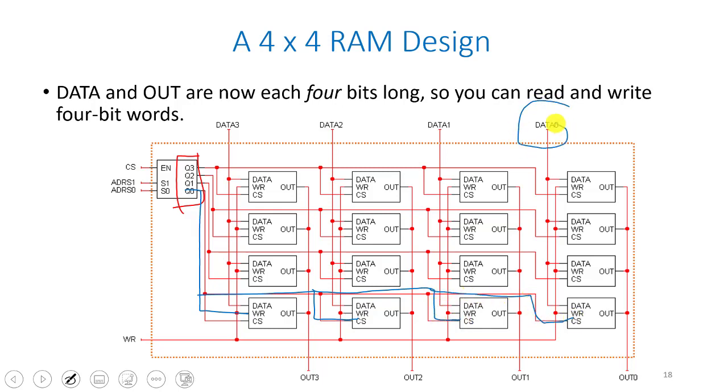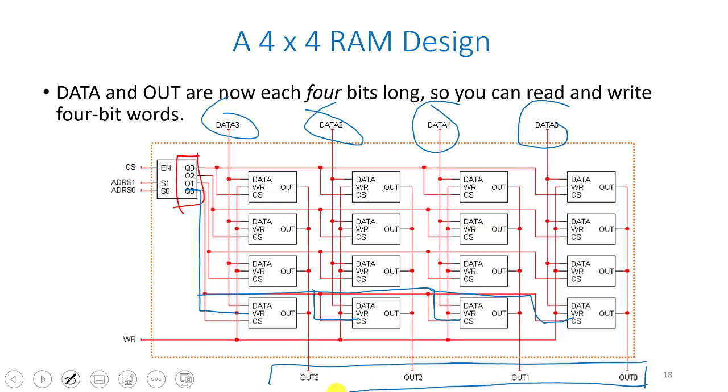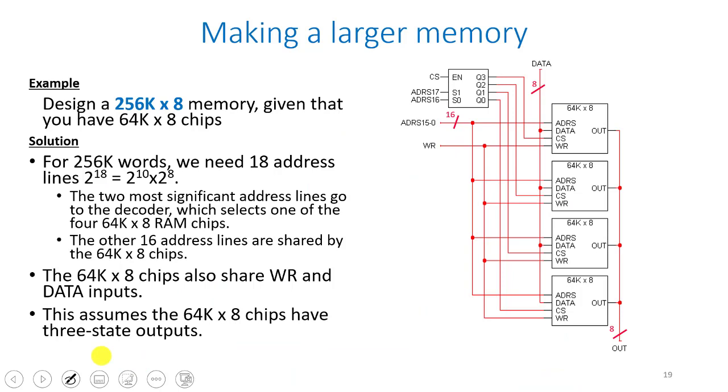The inputs, data 1, data 2, data 3, and the outputs are down over here as output 1, output 2, output 3, as you can see. The full RAM has one chip enable and 2 address bits, and a WR, of course, for each module over here. Now, how can we design a RAM?